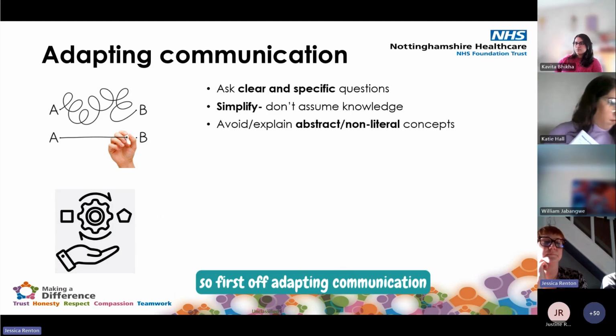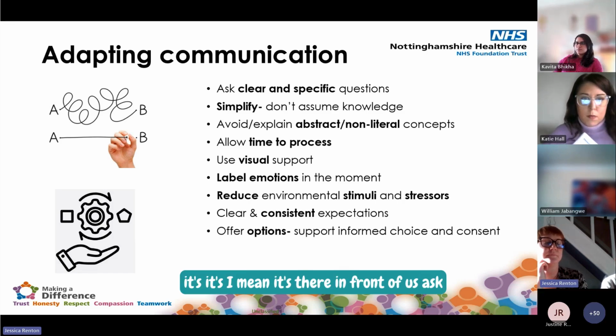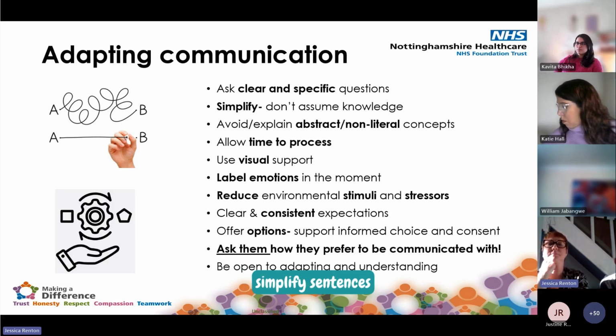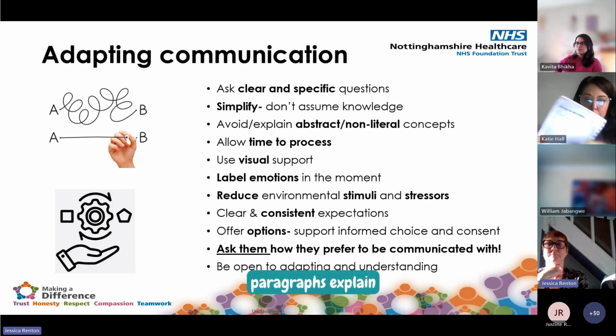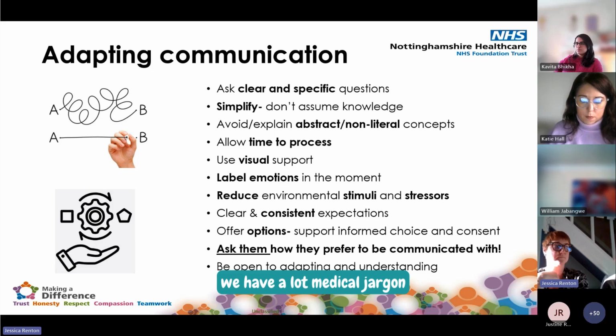So first off, adapting communication. When you look at this, it's there in front of us. Ask clear, specific questions. Simplify sentences and paragraphs, and explain again, as we've talked about, the jargon. Don't assume somebody's knowledge. For example, we have a lot of medical jargon.